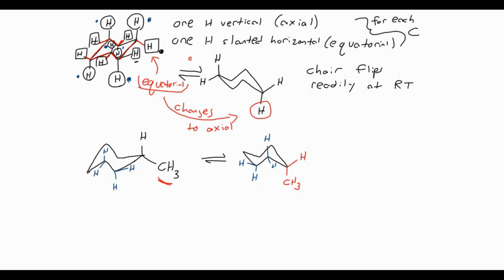So what we have here is this methyl group will interfere with the hydrogen on the 3 carbon. So if we say that this is carbon 1, carbon 2, and carbon 3, then we have what we call a 1,3 diaxial interaction.